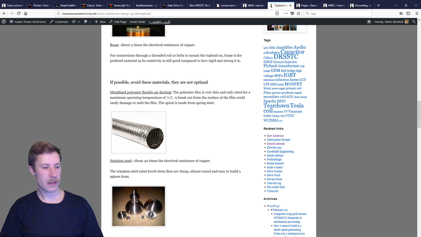Okay, Arpad asks what affects the length and thickness of the arcs. Higher on time, thicker arcs, and higher primary current, longer arcs at matching resonance. Right.